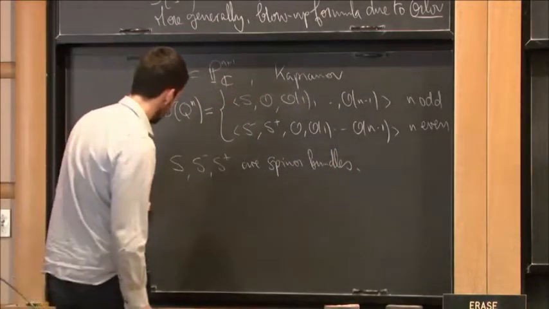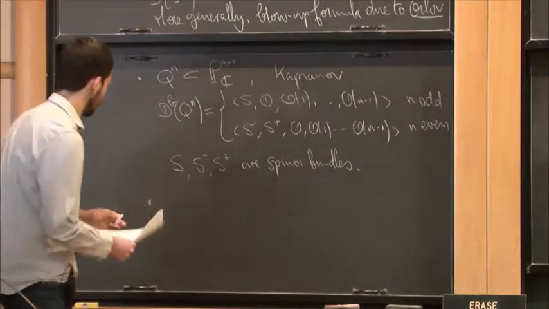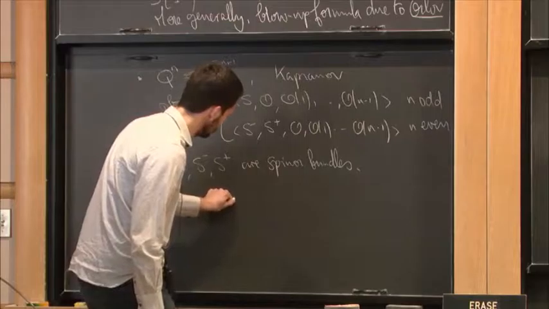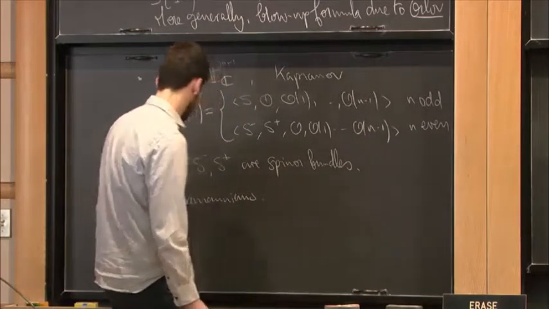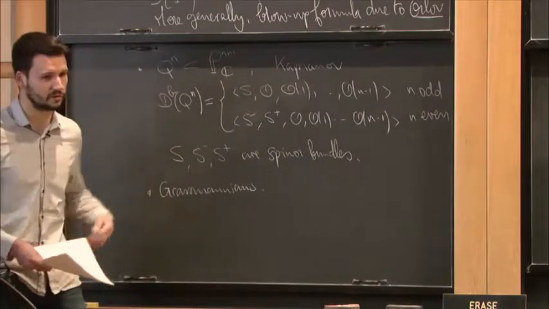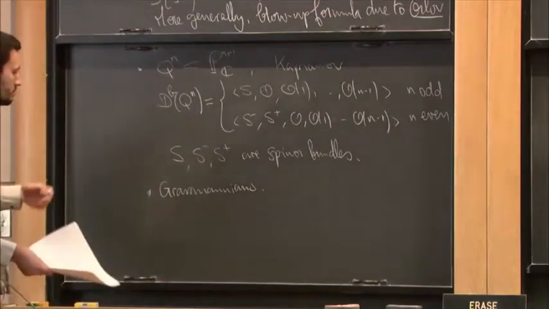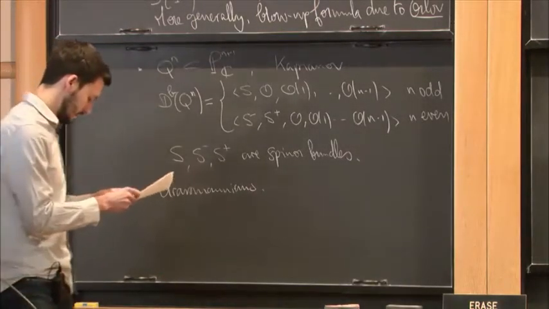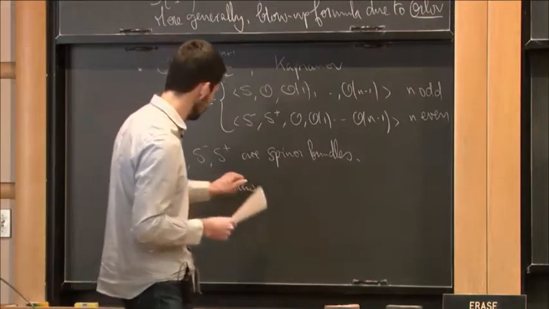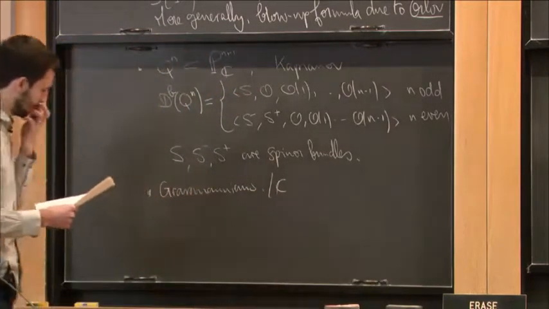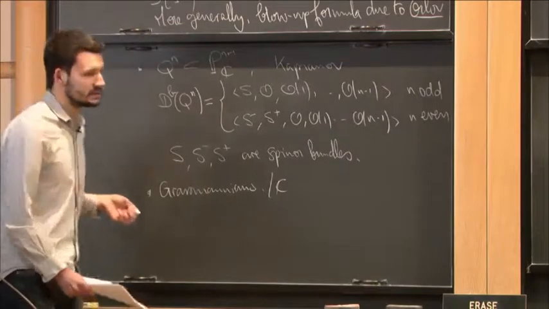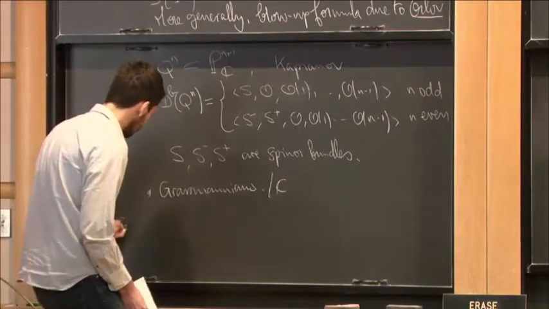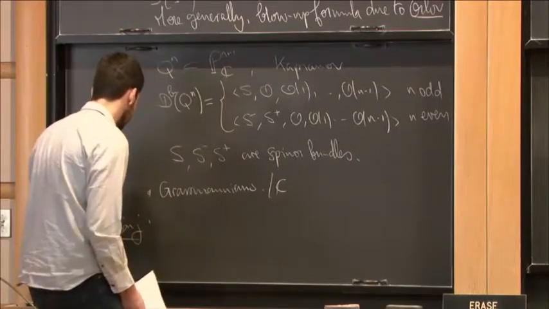Okay, and then there's also another example. There are other classes given by Kapranov, which are given by Grassmannians. In the case of Grassmannians, it's more of a combinatorial matter to explicitly give the exceptional collections. So again, this is over C. And in fact, there's a sort of conjecture on rational homogeneous spaces.